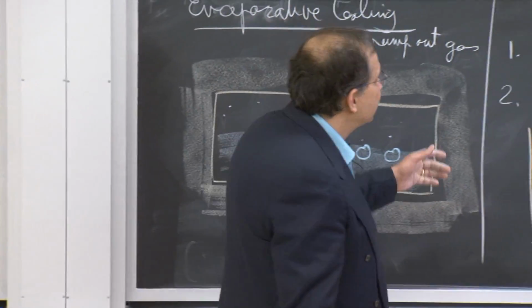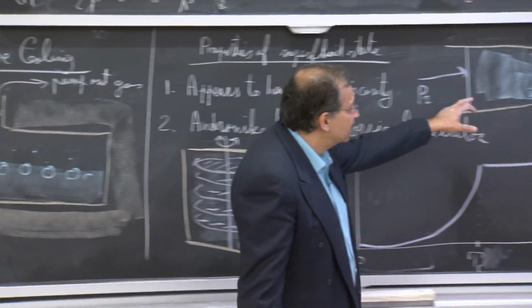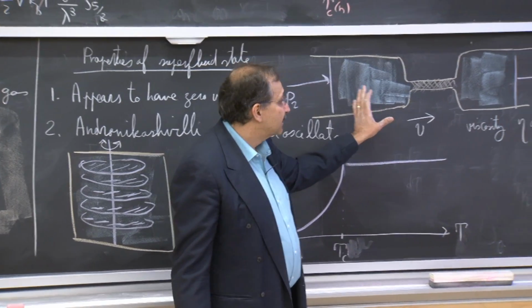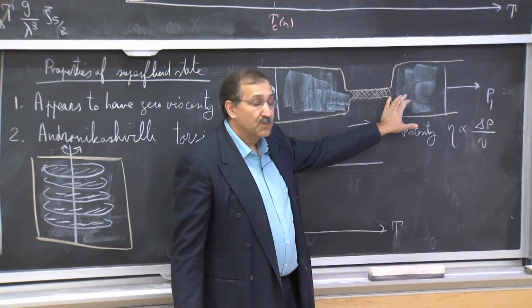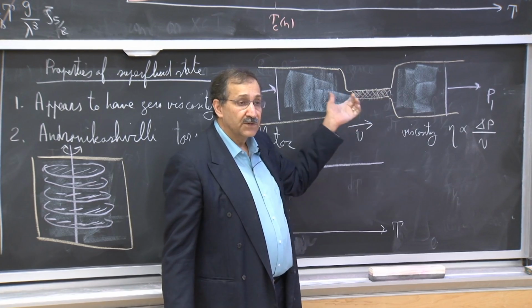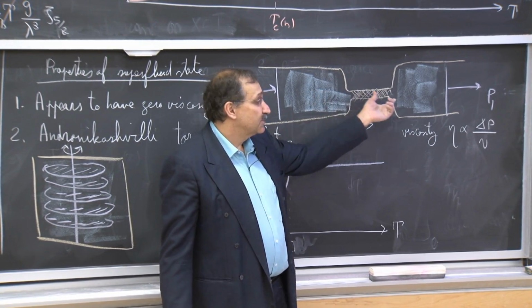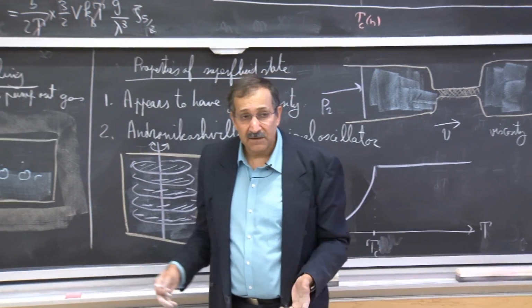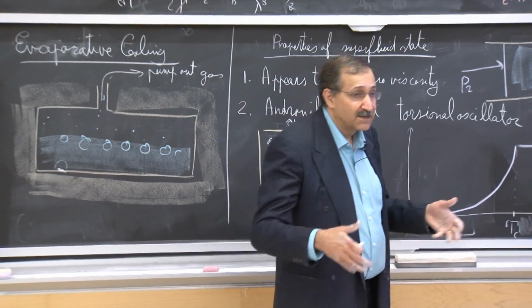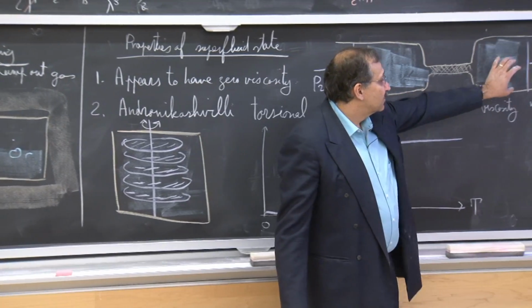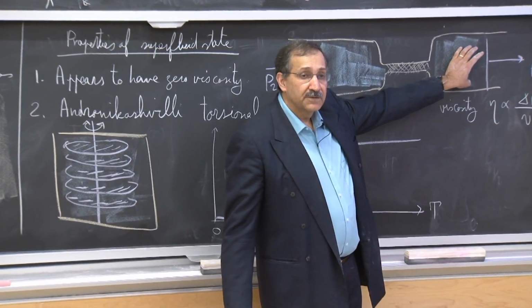And then what is happening in this experiment, presumably, is that the superfluid component goes through, the normal component leaves behind. The superfluid component is the component that in some sense has less entropy, is at lower temperature. So when it goes here, it cools down this part.